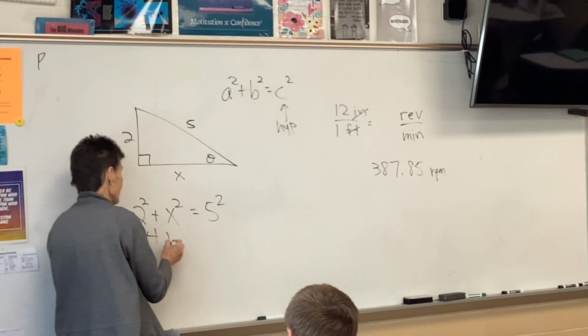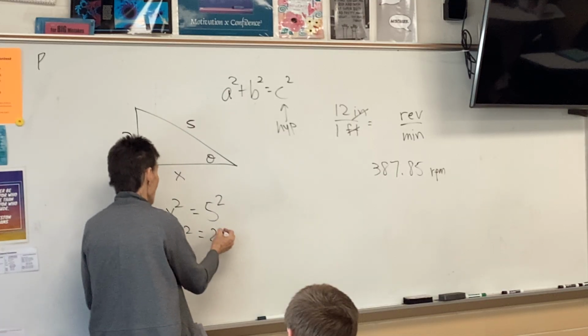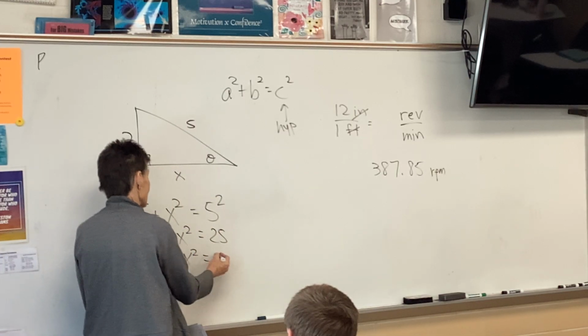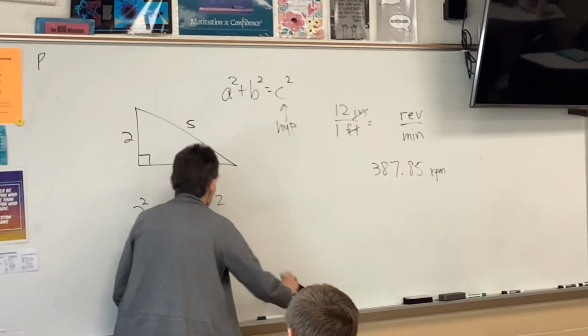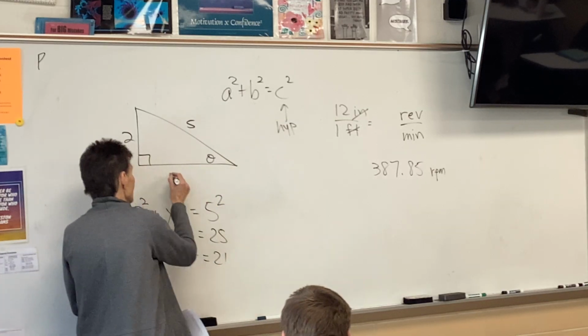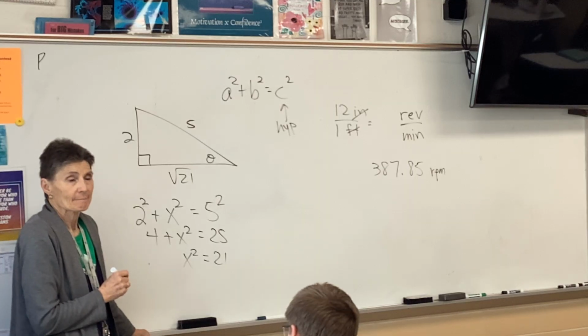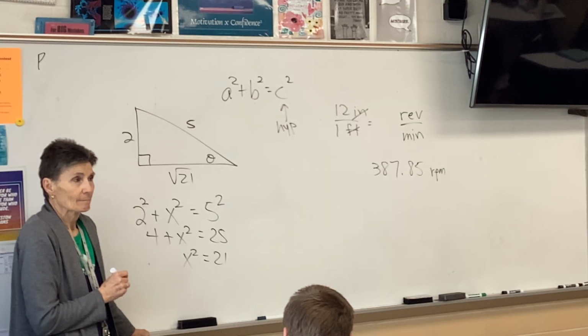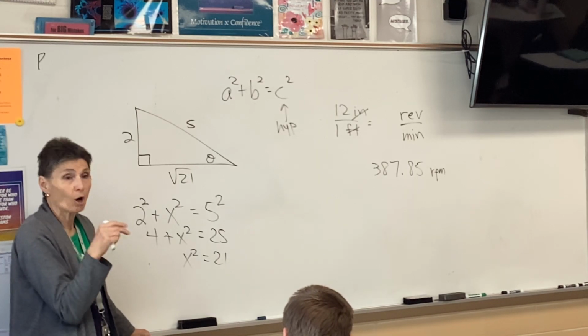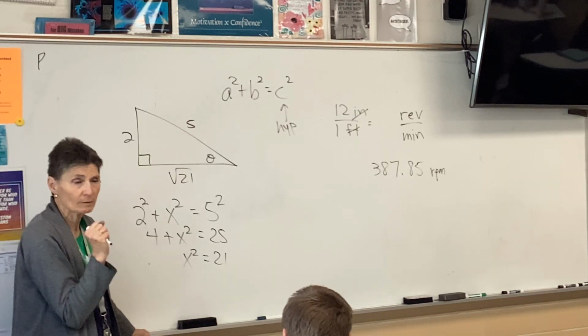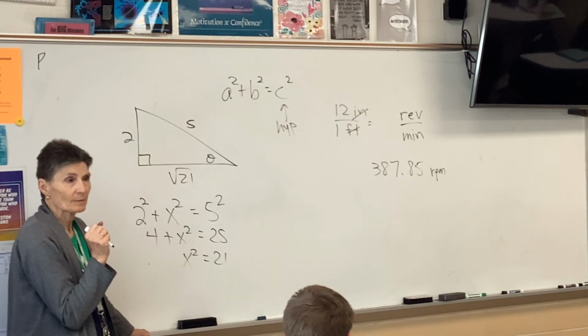So 4 plus x squared equals 25, so x is going to be the square root of 21. If you have 2 sides, you can always find the third one of a right triangle. Always.